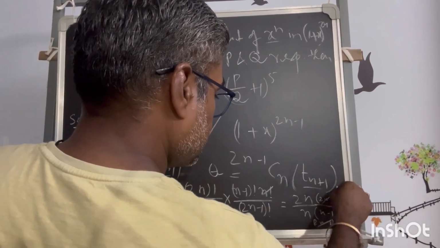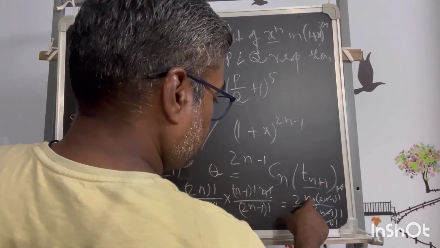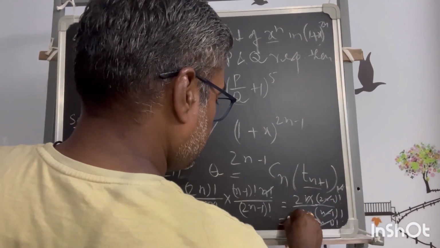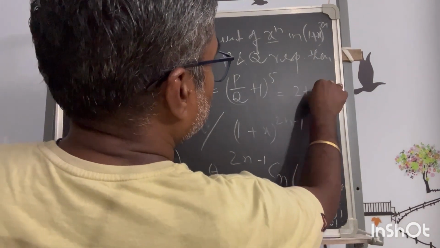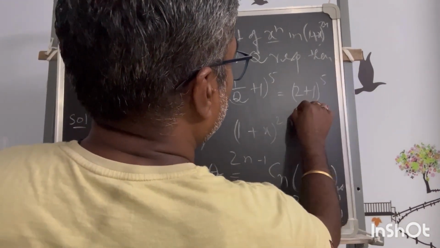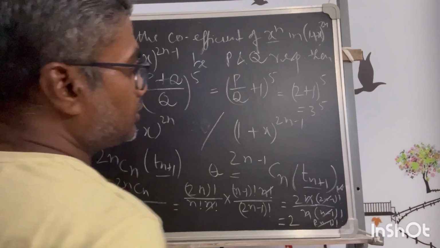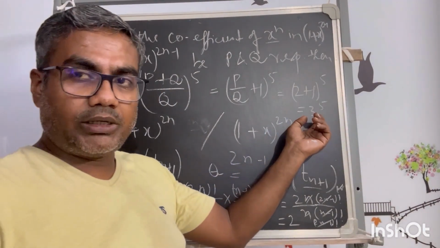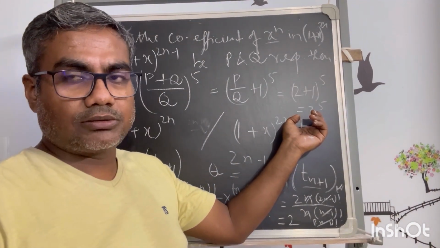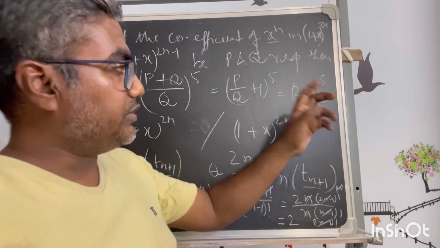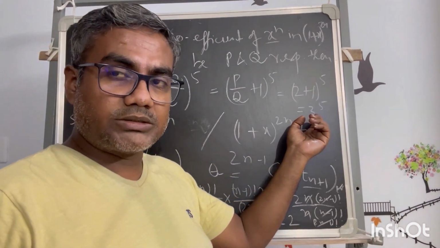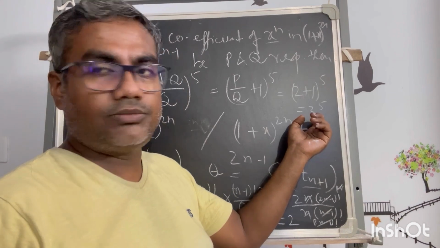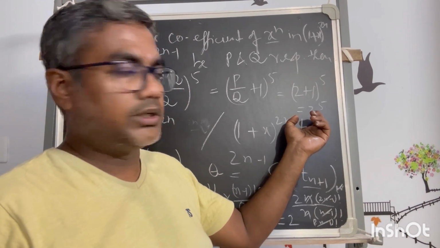So this will cancel, remaining 2n by n, so n also cancels, you will get 2. So if we put 2 here plus 1, whole power 5, so 3 to the power 5. You need to expand it, or otherwise you keep it as it is. If there is a choice where it has to be simplified, you simplify, otherwise this will be the last answer, you will get full marks for that.